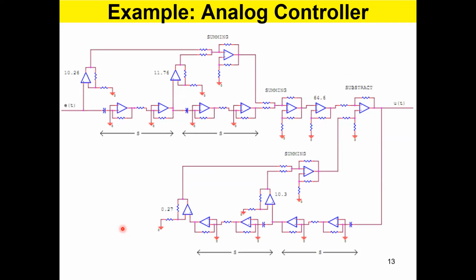After that, it's very easy to make this controller as a single electronic board and connect it to the system, and it will perform exactly the way it was anticipated. So that's about it for analog controller.